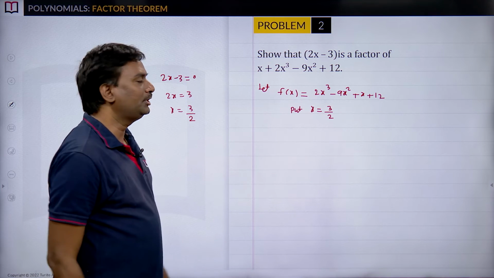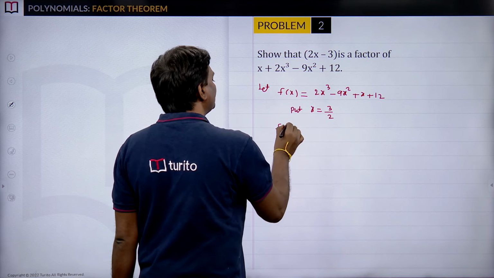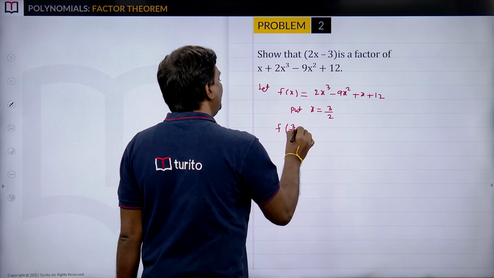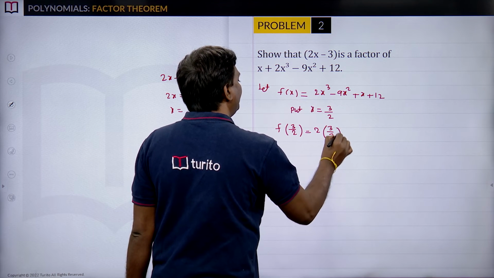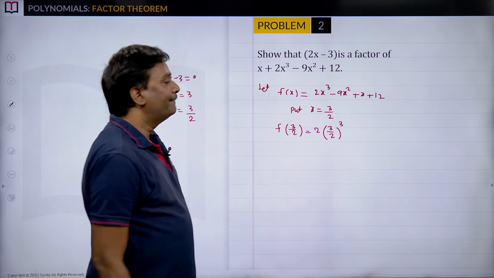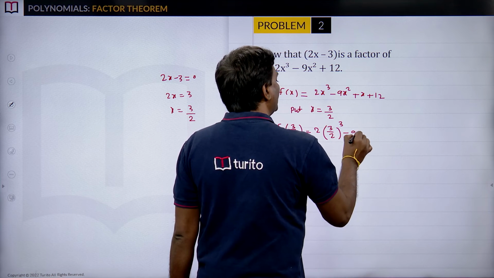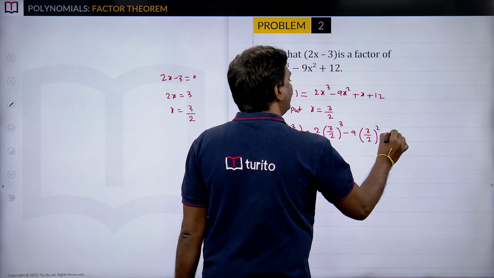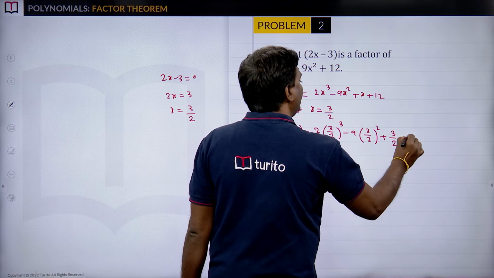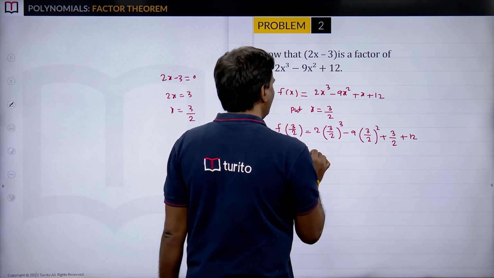So put x equal to 3 by 2, then you will get f of 3 by 2 equal to 2 into (3 by 2) whole cube minus 9 into (3 by 2) whole square plus 3 by 2 plus 12.